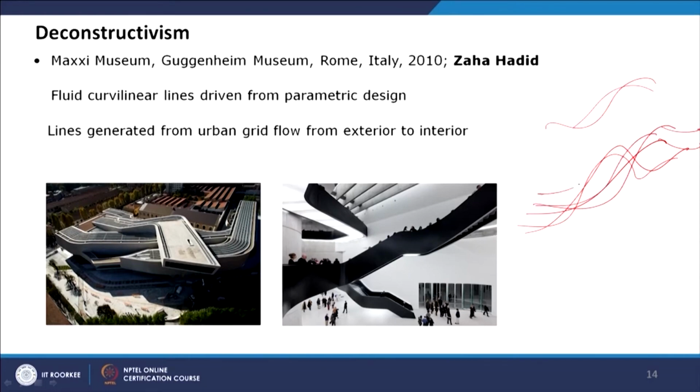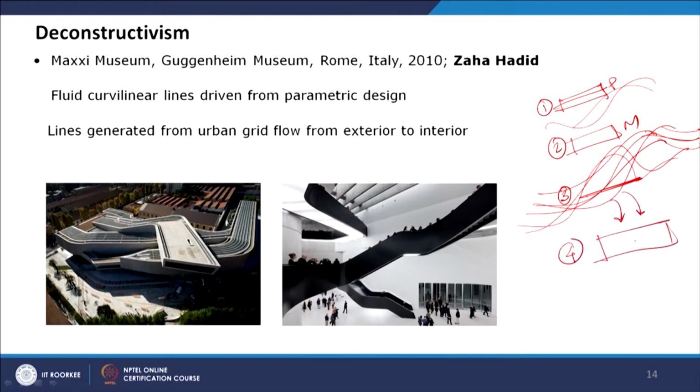All these lines are created first, and then these lines take the form of a structure or the interior spaces or the fenestration. First the parameters come, then the formula of mathematical derivation, and then the design elements, which are the lines, come, and then from these lines they are translated into architectural elements. These can be interior elements, construction elements, fenestration and other elements in the architecture.